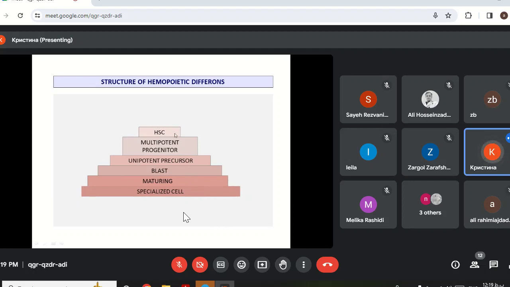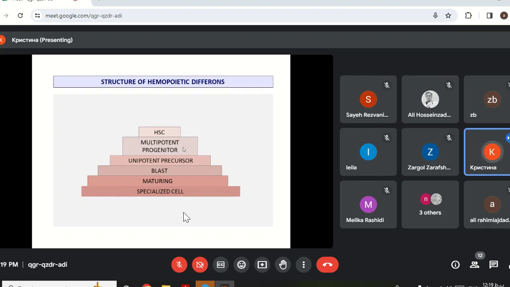The hematopoietic stem cell is the pluripotent cell. It means that it has very many potential ways of development. It can become any formed element of blood. Then it becomes a multipotent progenitor, which can become not all the formed elements of blood, but only some of them.